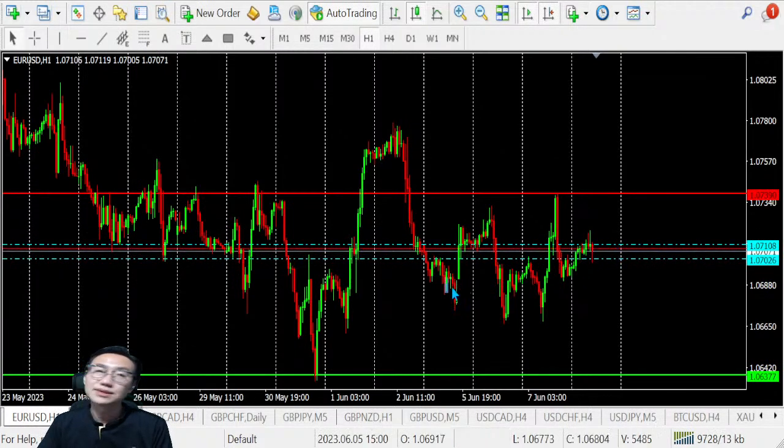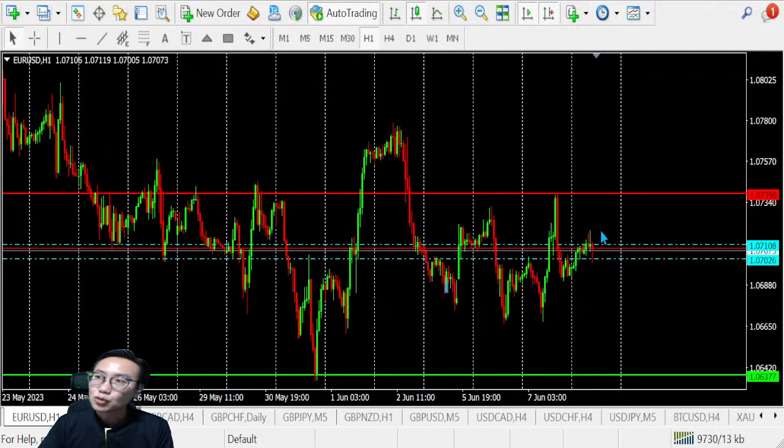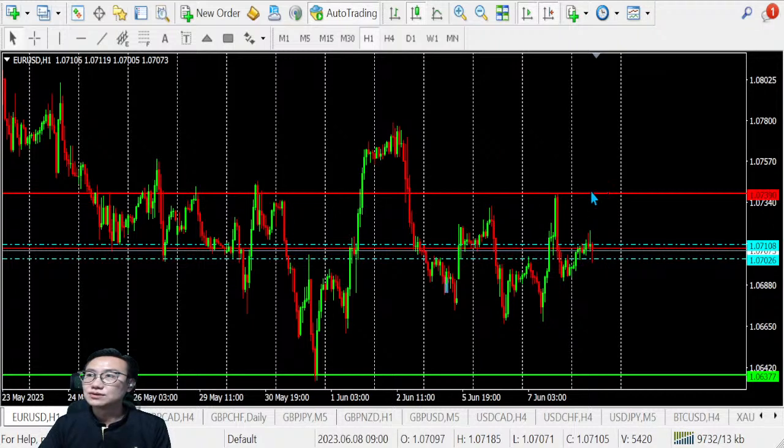I would say it should be on the selling, but the thing is that they are going up to look out for a resistance before it starts selling.